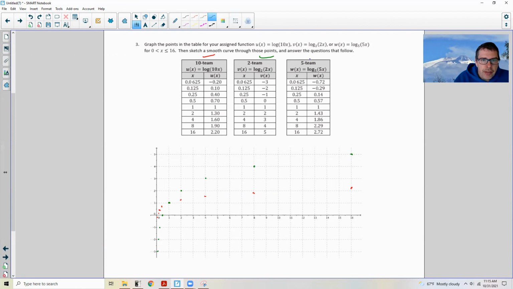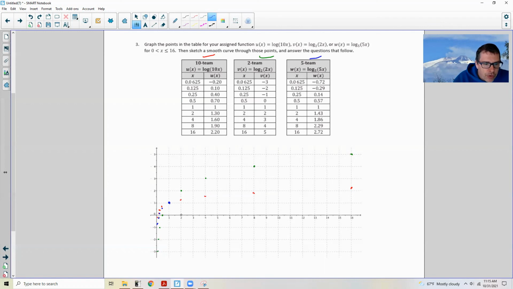All right, now finally team 5 in blue, 0.0625 is -0.72, which is about here. 1/8 -0.29 is about here. A quarter, positive 1.14 over a quarter, up a smidge, right there maybe. 0.5 up 0.57, a little more than a half right there. 1 again right there.